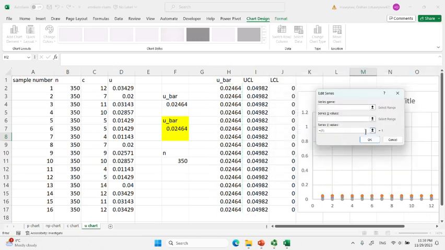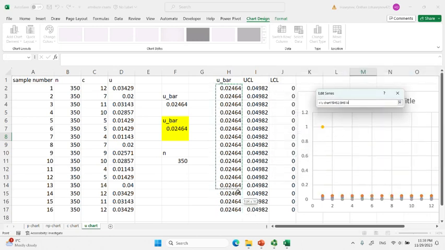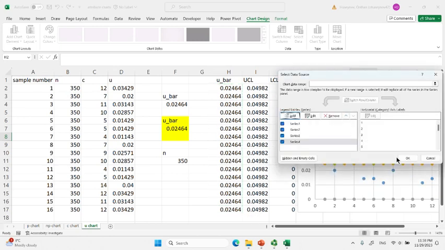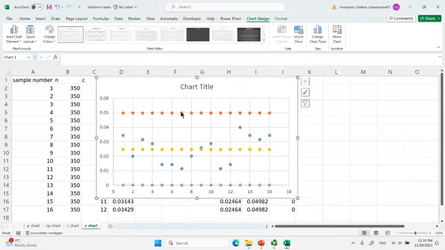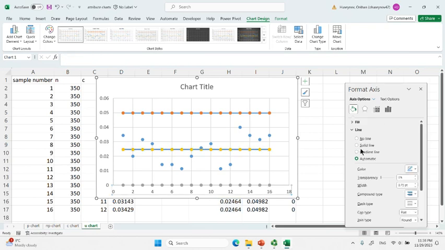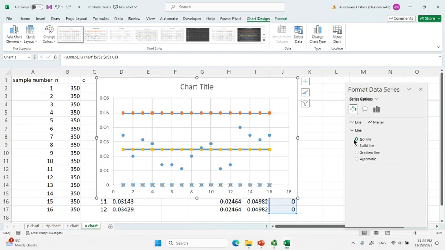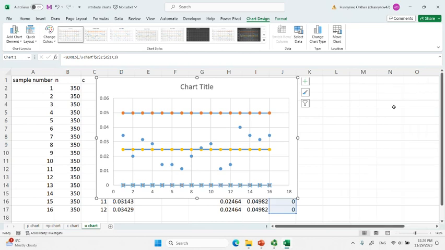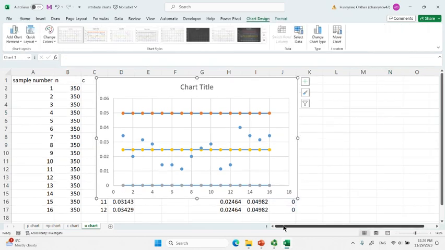Then let's format it: in format data series I will add a line here, and a line for this one and this one. Let's copy and paste it to the slide.